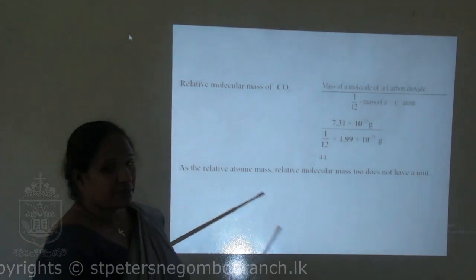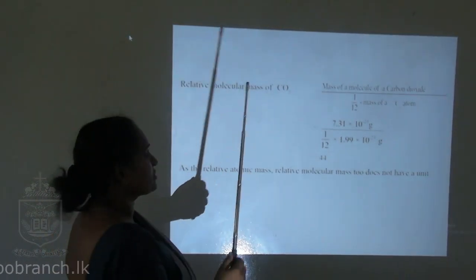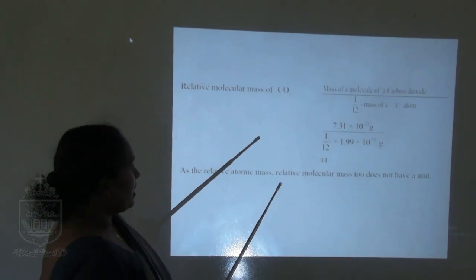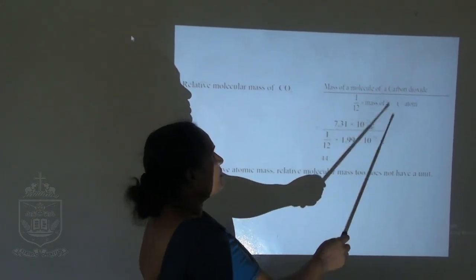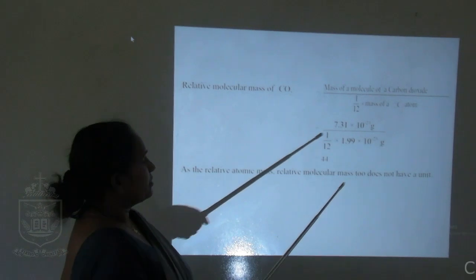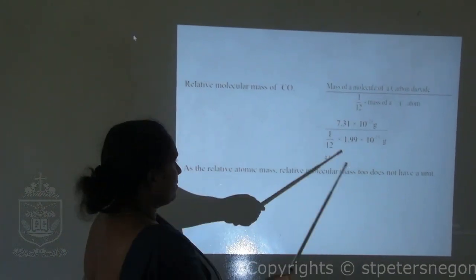Here there is an example for that: carbon dioxide. Finding the relative molecular mass of carbon dioxide. Mass of a molecule of carbon dioxide divided by 1/12 of the mass of a carbon-12 atom.